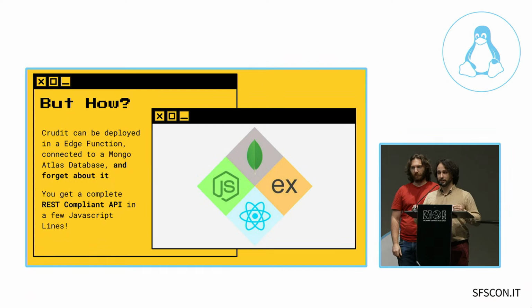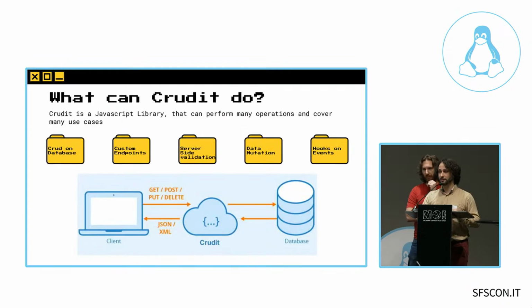But how? CrewedIt is a JavaScript framework that, once configured in the most basic configuration, can deploy a Node.js REST-compliant API using Node.js and a Mongo database.